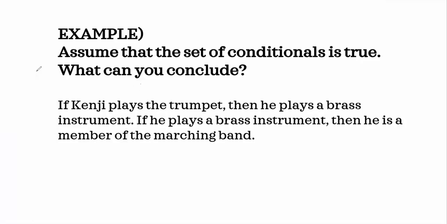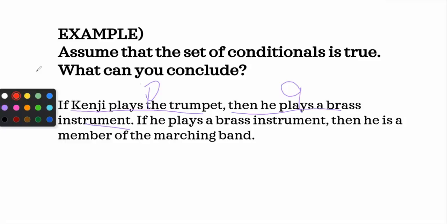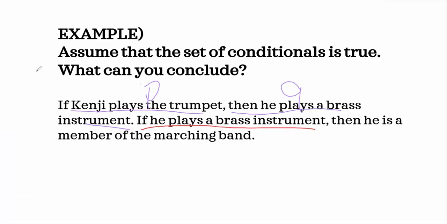Okay, so first statement. Kenji plays a trumpet, P. He plays a brass instrument, Q. And then second statement, we'll use a different color. He plays a brass instrument. Okay, look, that's the repeated part. So instead of calling that P again, that's Q, because that was the conclusion of the previous sentence.